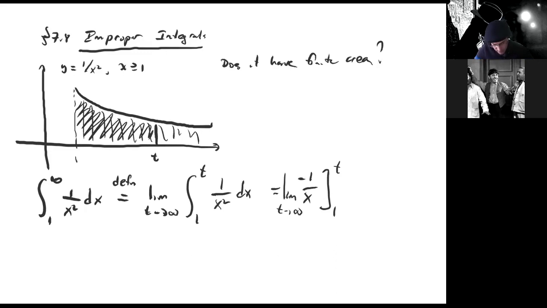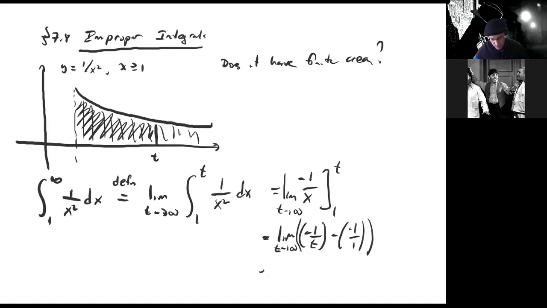When we stick t into this antiderivative, we get minus 1 over t. That's the evaluation at t. And when we evaluate at 1, we get minus 1 over 1. So we're going to take the limit as t goes to infinity of this expression.